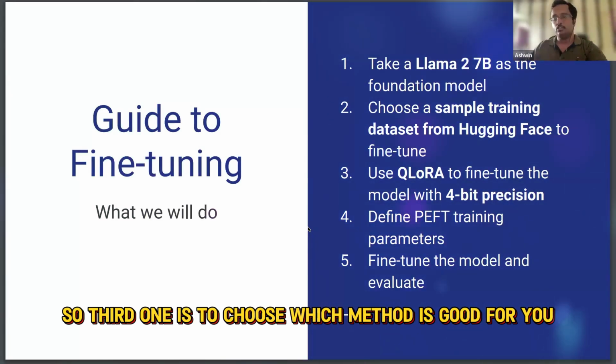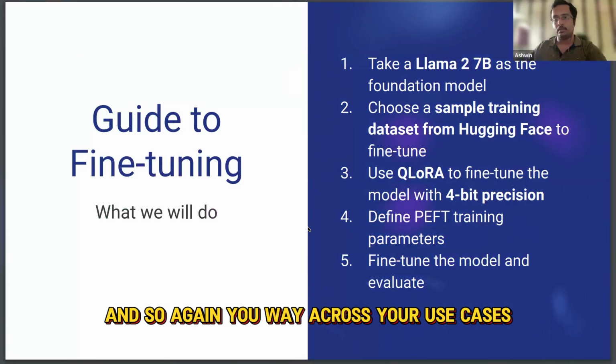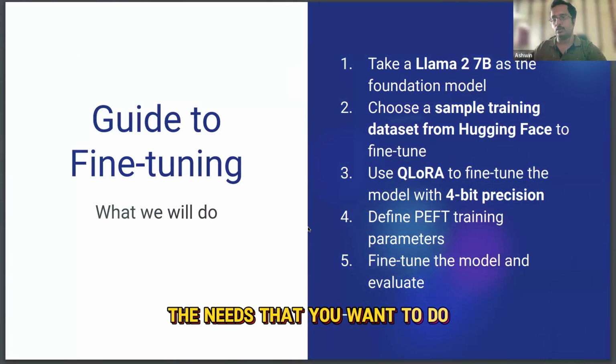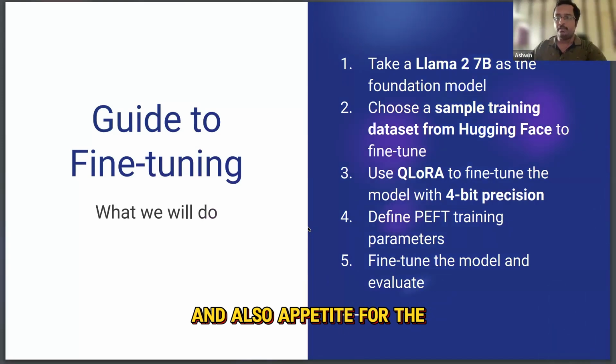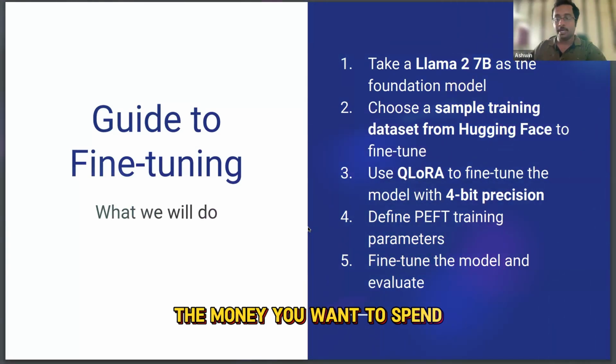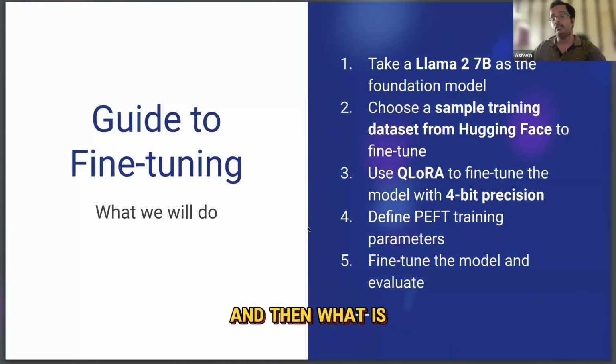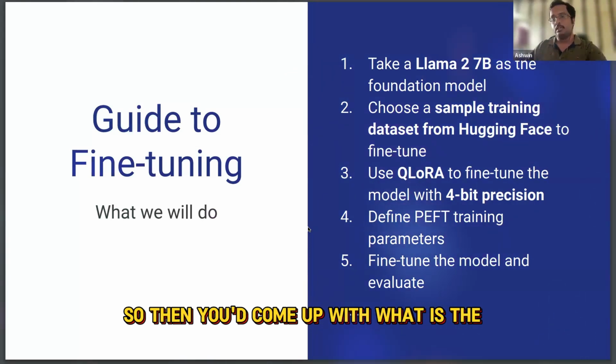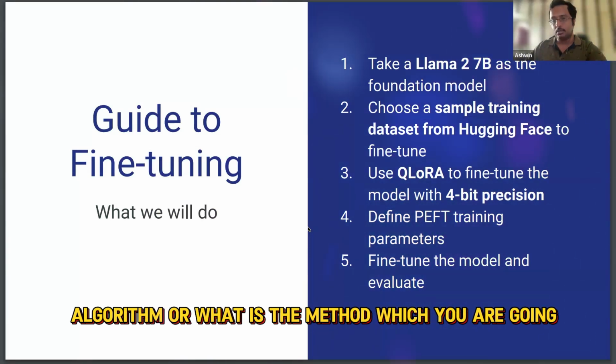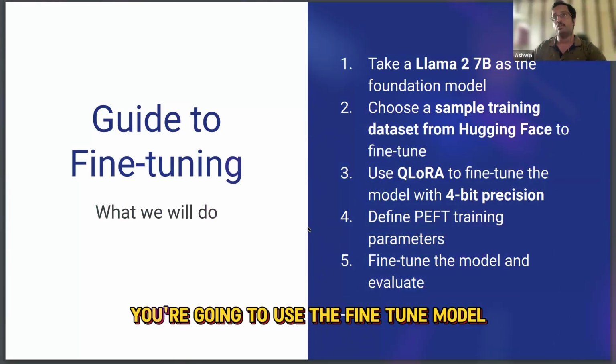So the third one is to choose which method is good for you. Again, you weigh across your use cases, the needs that you want to meet, your appetite for the money you want to spend, and what output you're looking for. Then you come up with the algorithm or method which, under PEFT, you are going to use to fine-tune the model.